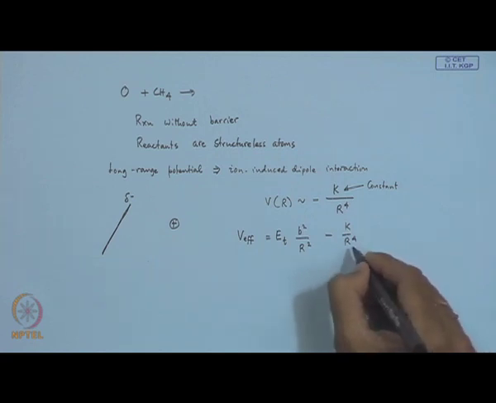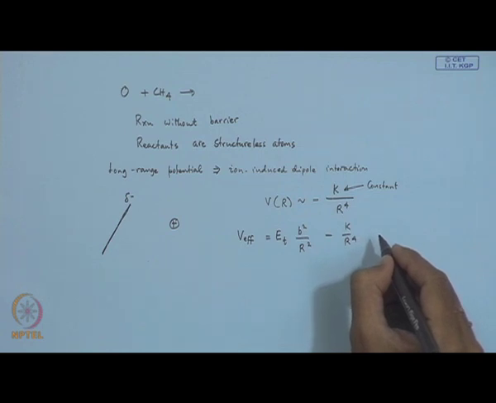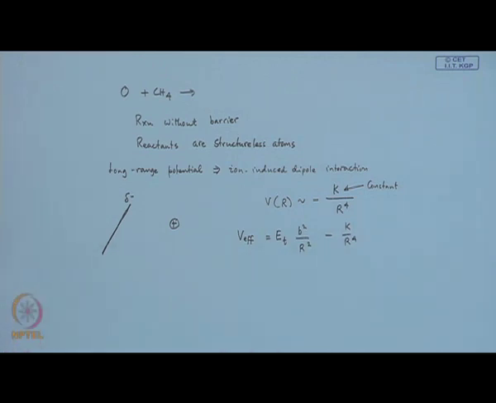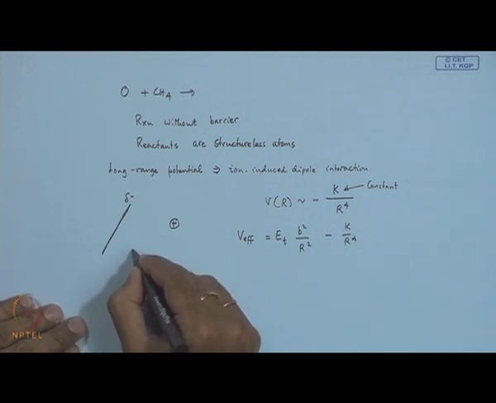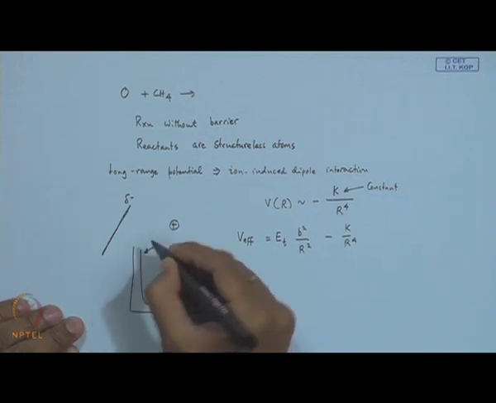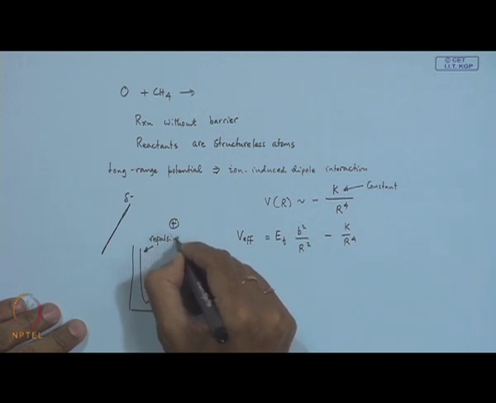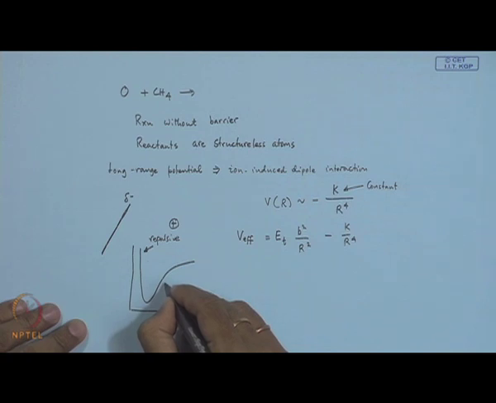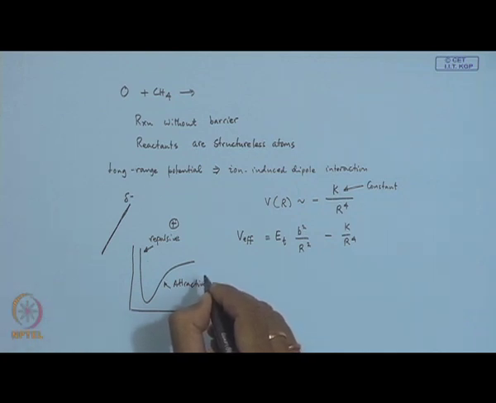Normally what is happening is that you have your potential barrier of the form, okay, so generally, as I already told you, this part is your repulsive one and this is your attractive one.